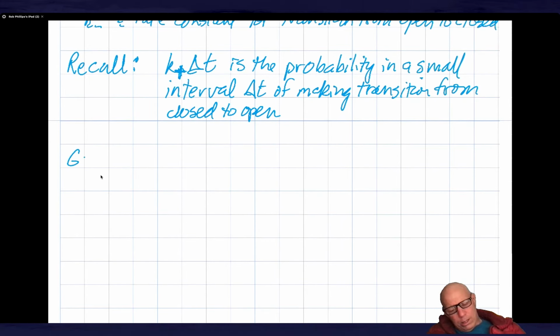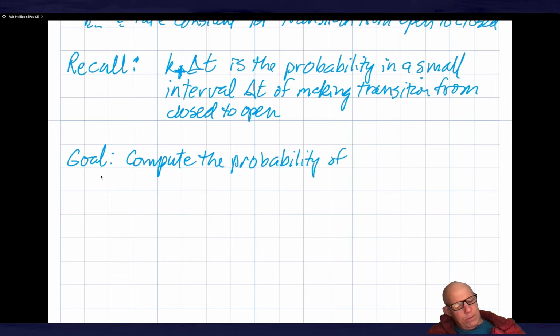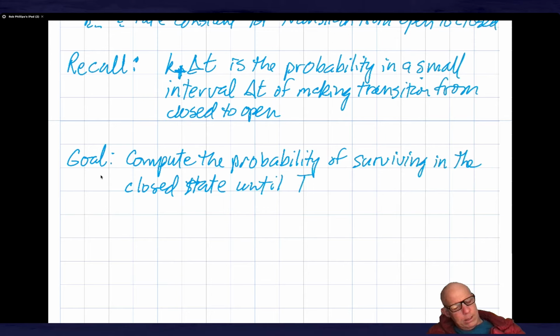So our goal is to compute the probability of surviving in the closed state until the interval between capital T and capital T plus delta T.